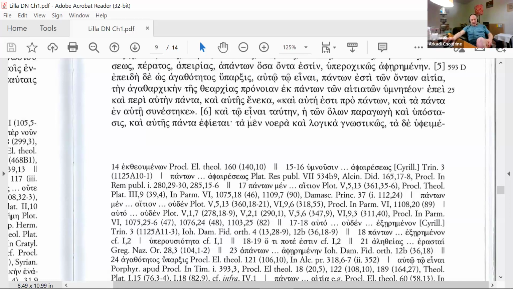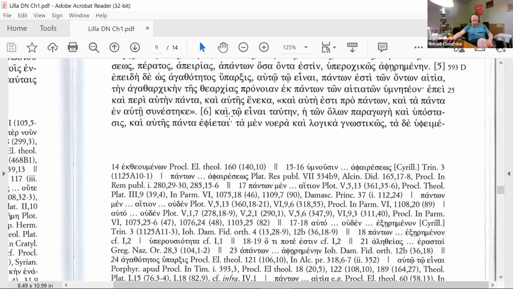But in this case, okay, on this reading there would be an implied estin here. So by virtue of it being there, I would say in English probably that would be the way to put it.